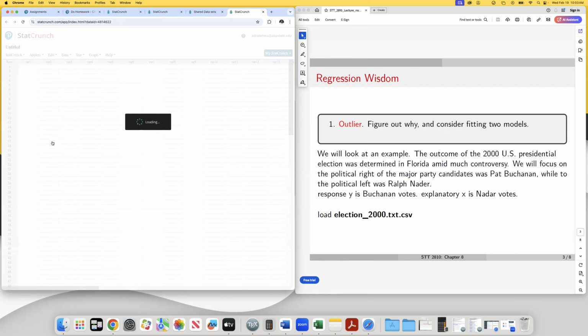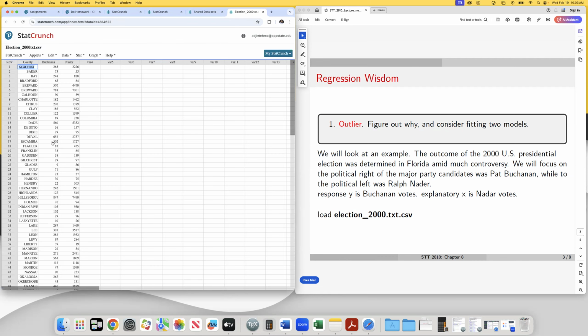We load it, and you can see these are various counties in Florida, and the votes for Buchanan and Nader. Let's construct the scatter plot.